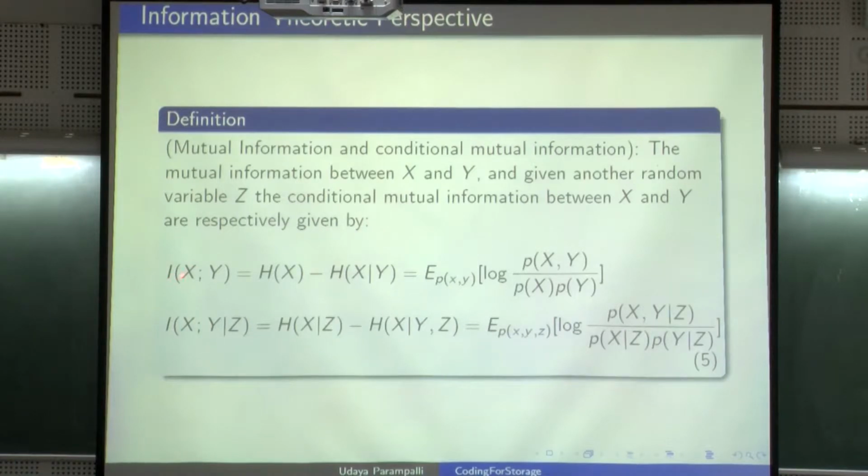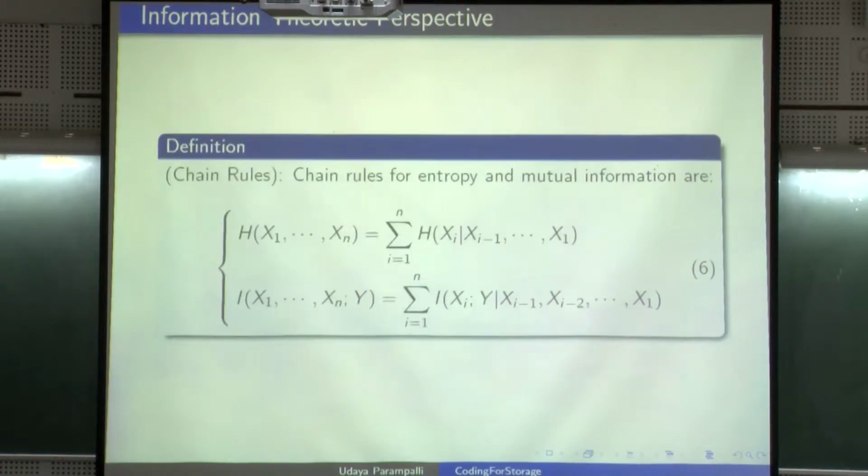Intuitively, the mutual information of X and Y is the entropy of X minus the entropy of X given Y. Similarly, the mutual information of X and Y conditioned on Z is the mutual information of X conditioned on Z minus a similar term, which you can write in this form. Okay, this you can use.